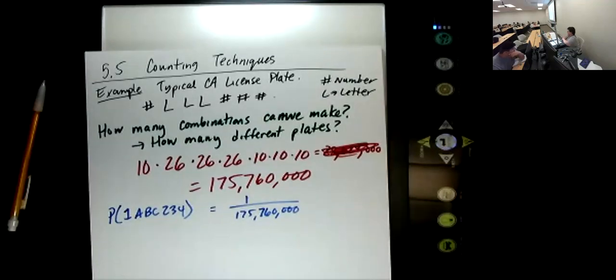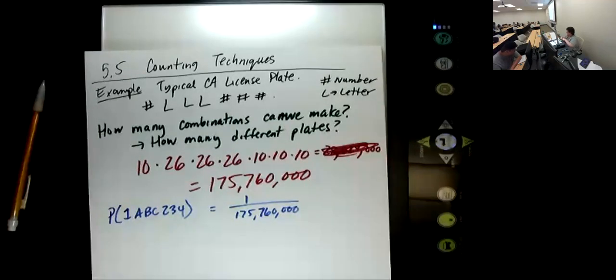It's a pretty low number, though, right? You're less likely to have a specific license plate than win the lotto. That kind of unlikely.